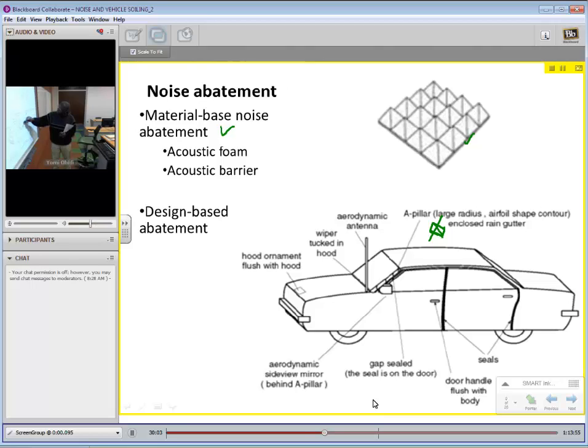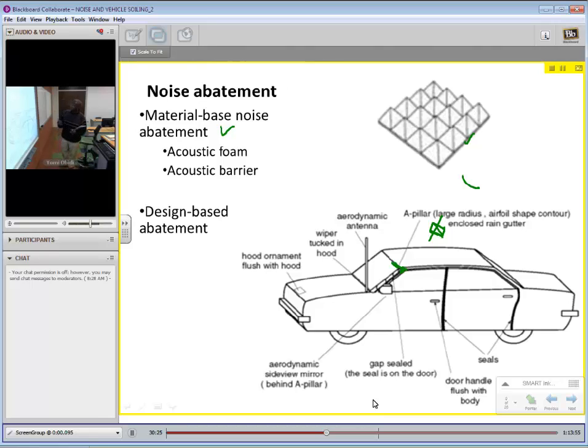This is the windshield, and between the windshield and the side glass, the A-pillar should be such that it follows this profile. So here's the A-pillar. It follows that profile. And it should have a large radius.